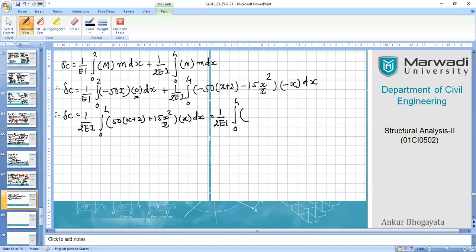So x to be multiplied with each of this content. Now before that, let's expand this 50x and 2. So we can open it now. 50x plus 100. Is it okay? Plus 15x squared by 2. And still we'll keep x here, dx.